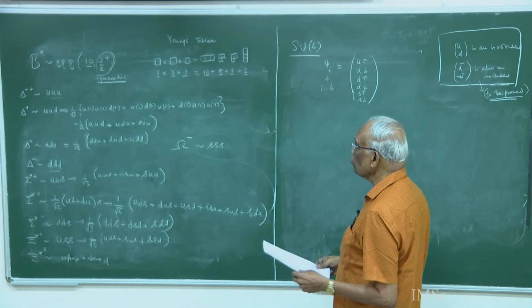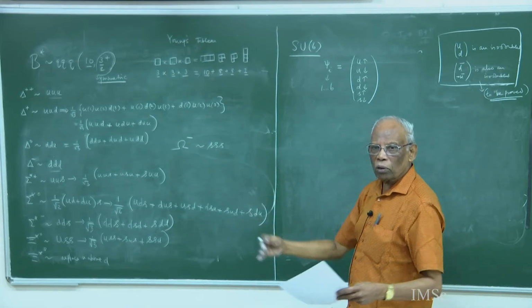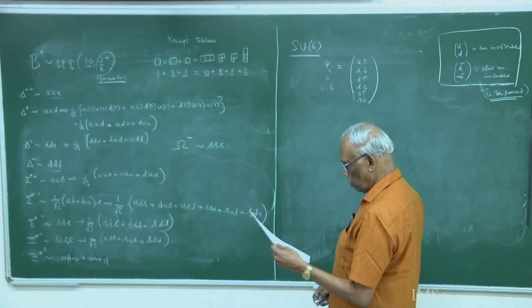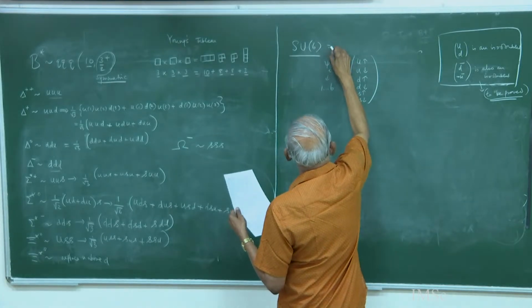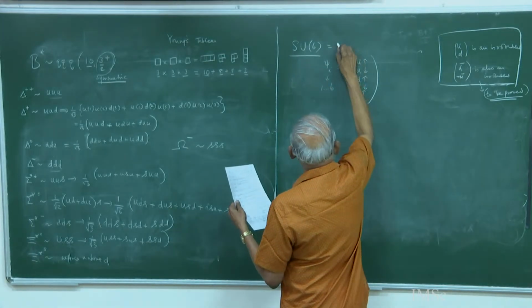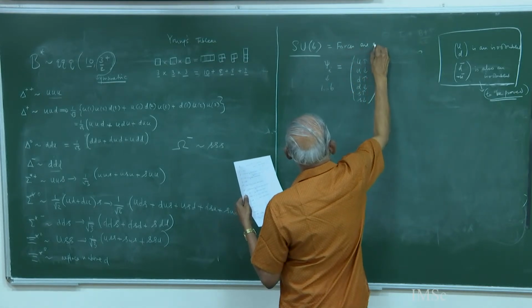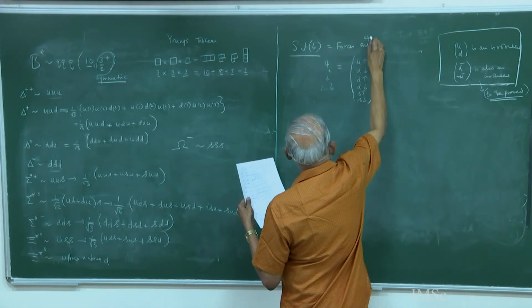So you can classify the hadrons according to SU6, that brings even more simplicity. The physical meaning is forces are spin independent. Or approximately, these are all approximate symmetries.